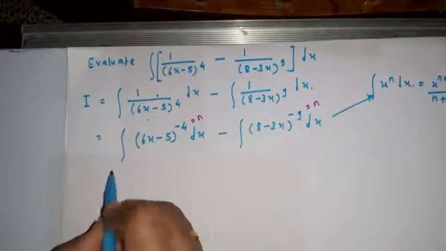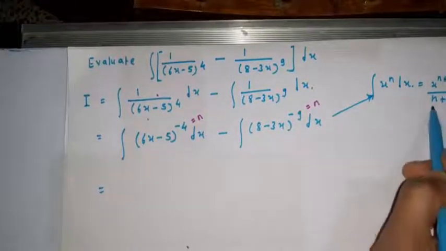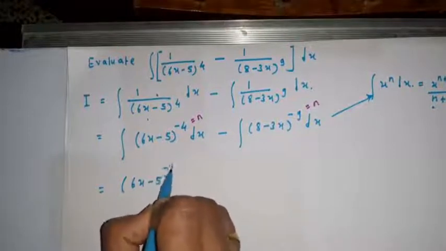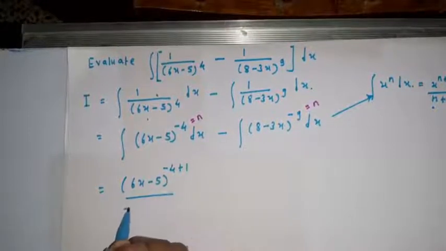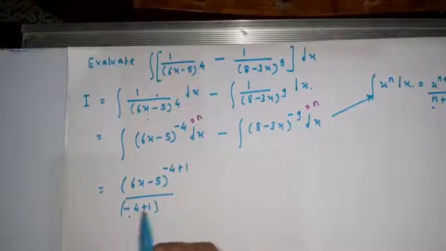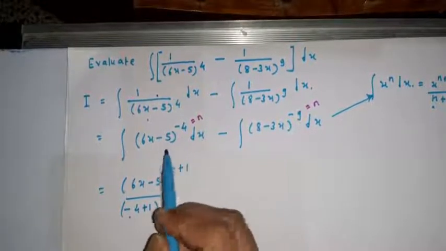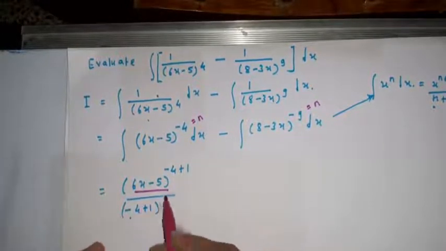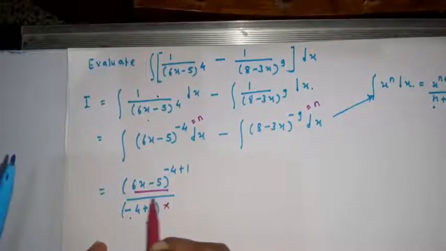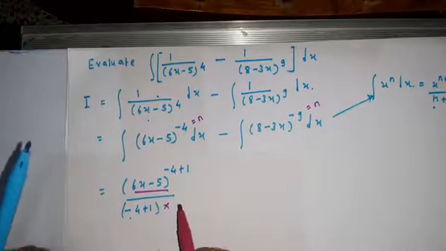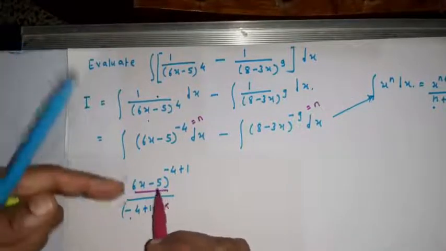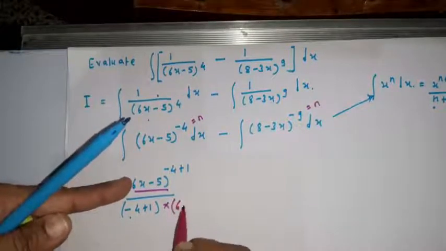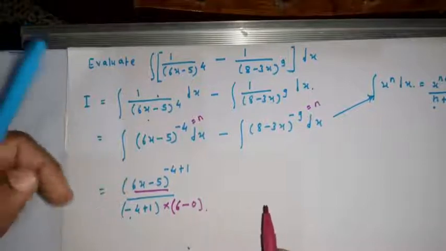By using the formula x raised to n plus 1 upon n plus 1, this is (6x minus 5) raised to minus 4 plus 1 upon minus 4 plus 1, into, see here, again this 6x minus 5 is a differentiable function, so take its differentiation in the denominator, into the differentiation of 6x minus 5. Now I will write directly: differentiation of 6x is 6, minus differentiation of 5 is 0, that is 6 minus 0.